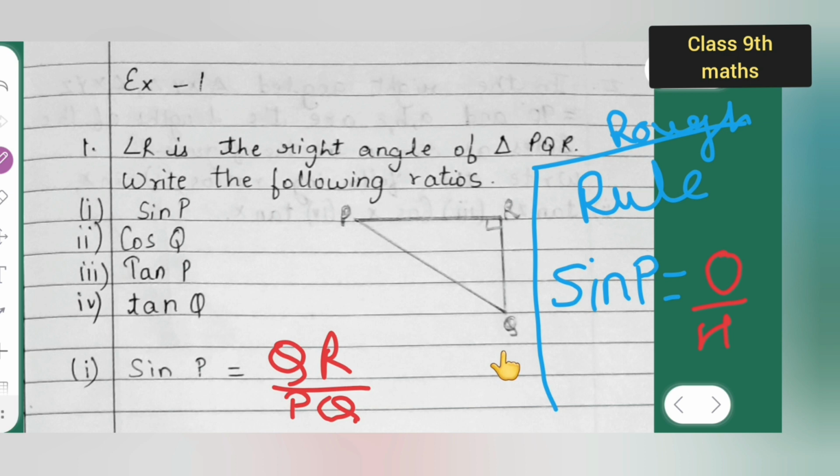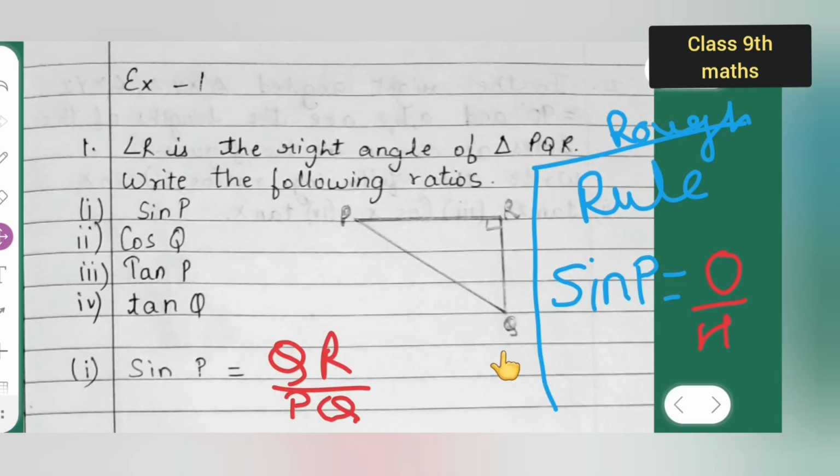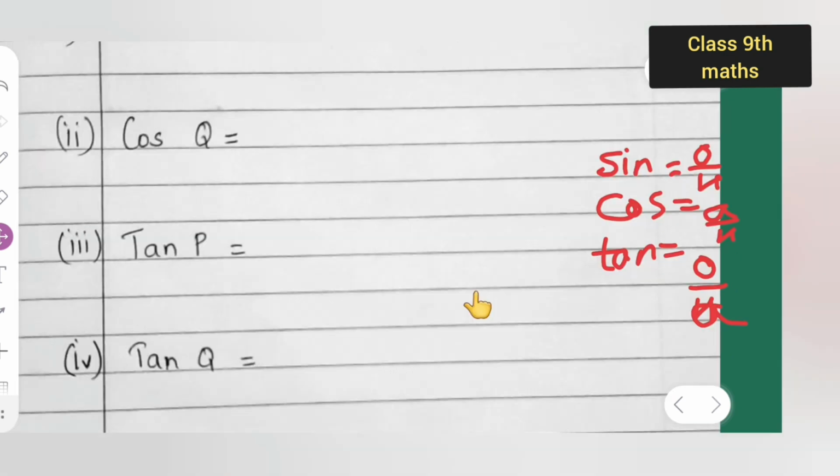Similarly, we need to find out what cos Q is. For that I'll move to the next page. Cos Q is nothing but adjacent upon hypotenuse.